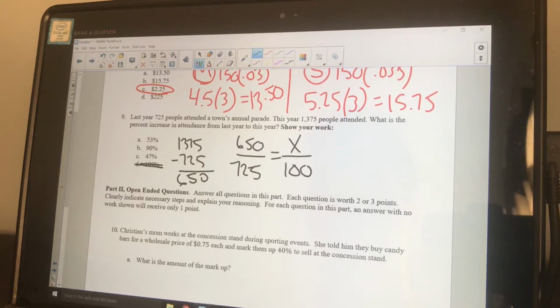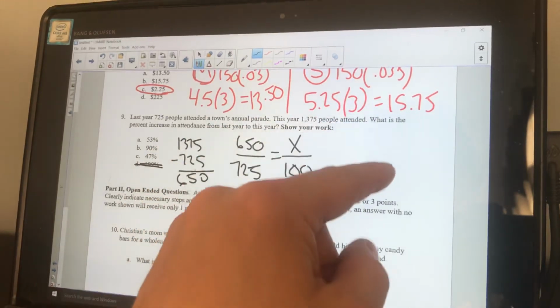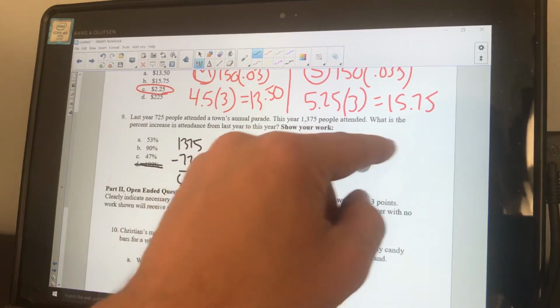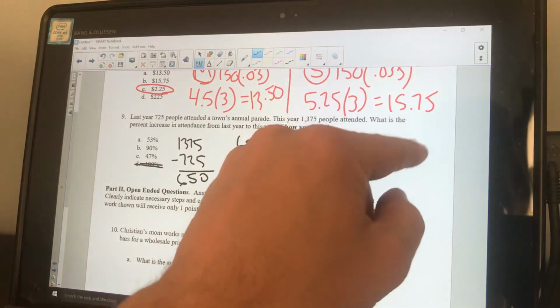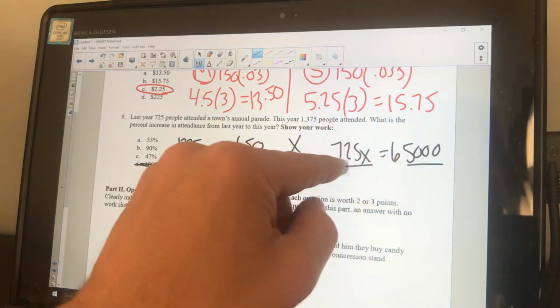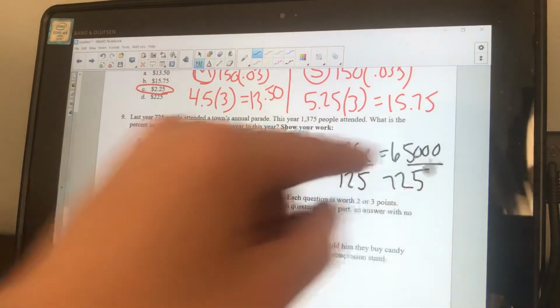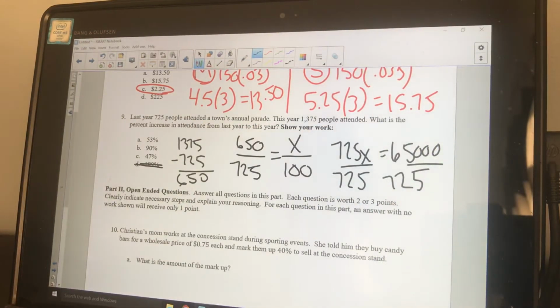So let's take a look. We're going to cross multiply. 650 times 100, 65,000. And that's 725x. Divide it by 725.